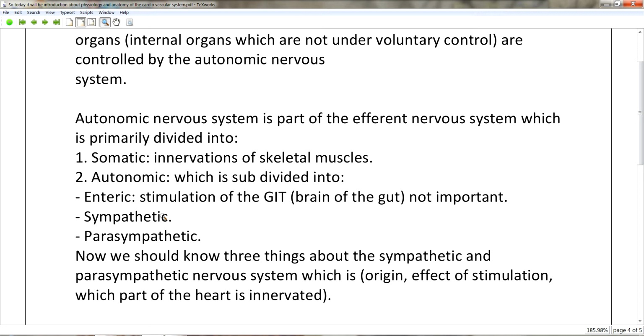Now we should know three things about them: origin, effect of stimulation, and which part of the heart is innervated.